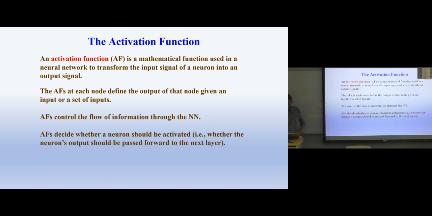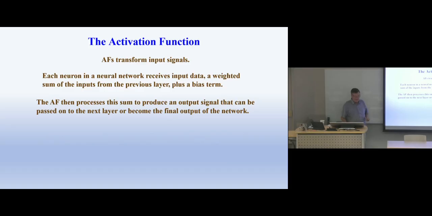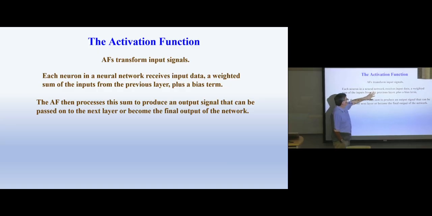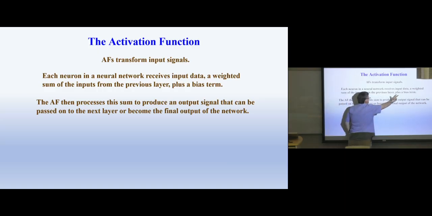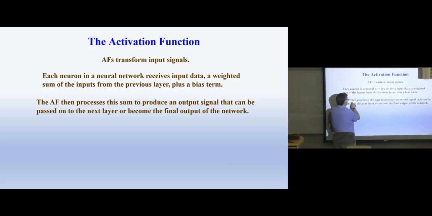Biases and activation functions work together. So they transform input signals. Every neuron receives input data, a weighted sum of the inputs from the previous layer plus a bias. The activation function processes this sum. I've added up the weighted sum and the bias. Then the activation function picks that number up and it produces an output signal or not.